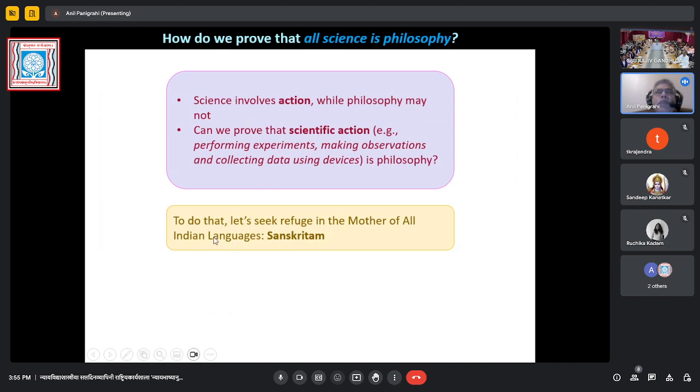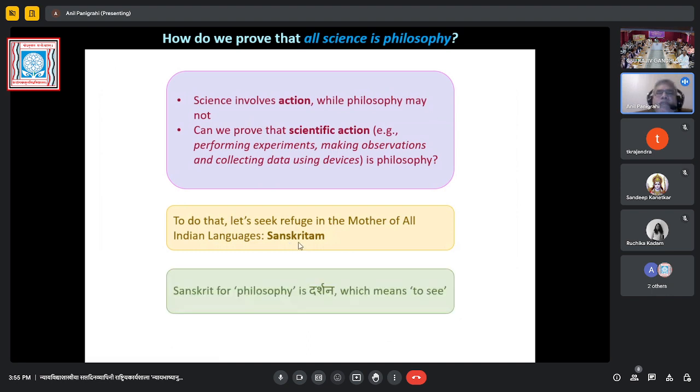To do that, we will have to take refuge in Sanskritam, and look into a counterpart for the term philosophy, and I choose darshana. You would argue that darshana is probably not the most appropriate term for philosophy. It is probably tattva mimamsa or tattva shastra.